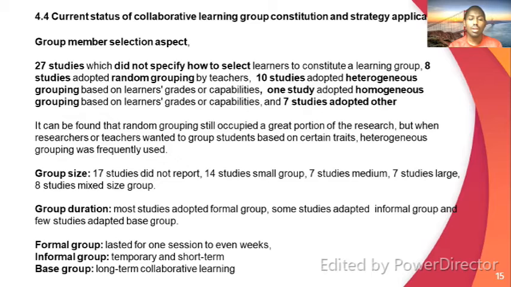So what's formal group? It is a kind of group which lasted for one session to 2 weeks, whereas informal group is a temporary and short-term group. Base group is a long-term collaborative learning activity which can last for 1 semester or more than 1 semester.